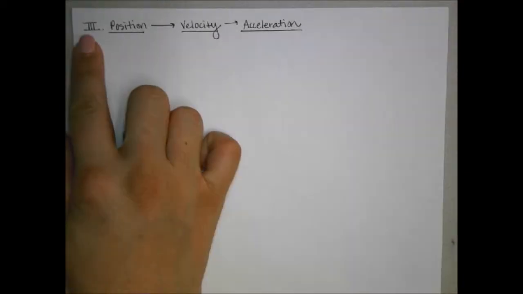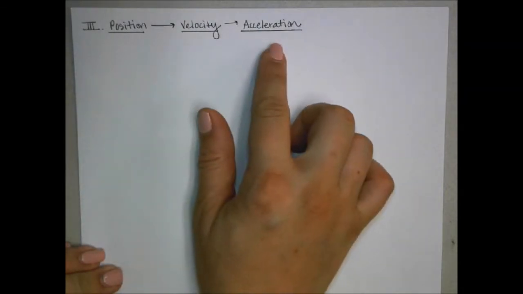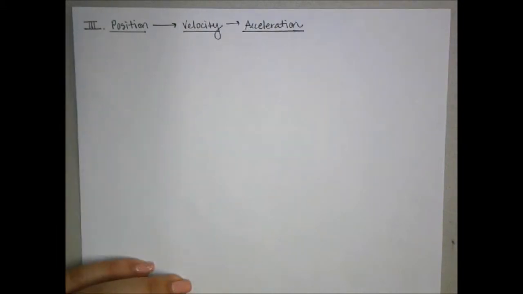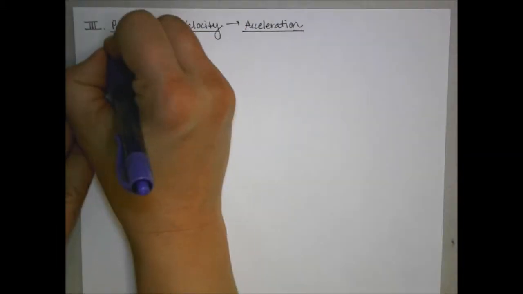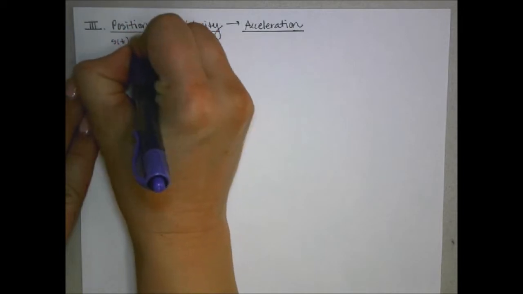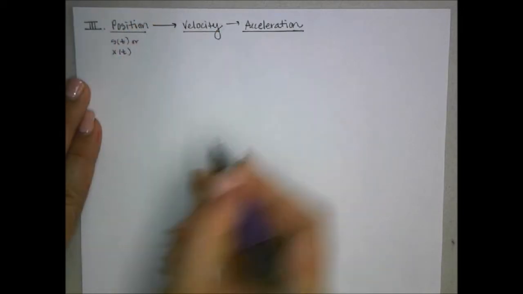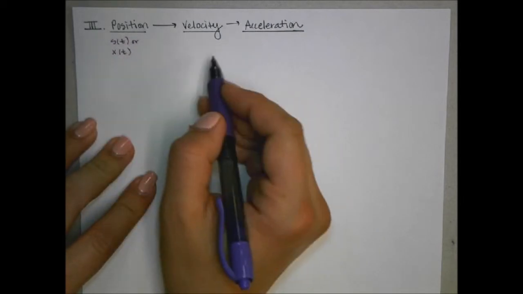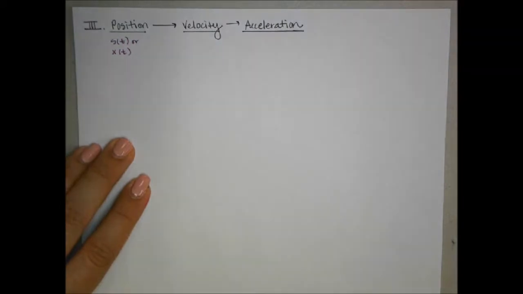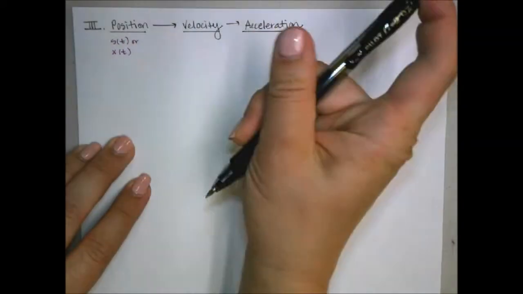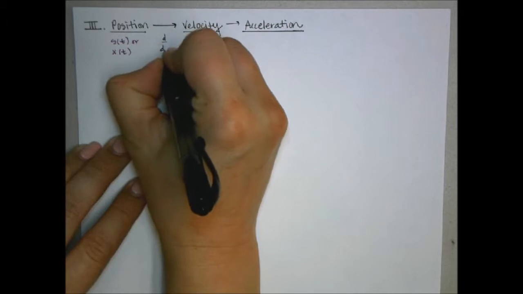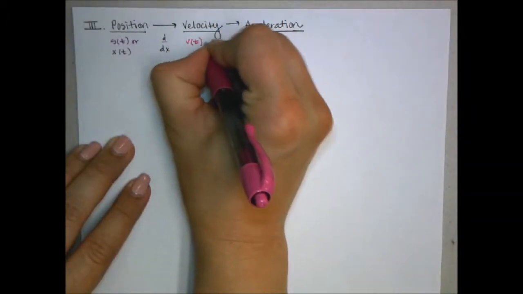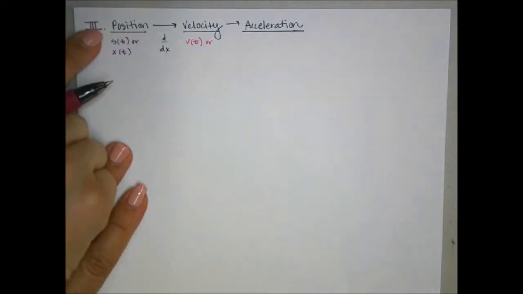Our third section is the application of derivatives, position, velocity, and acceleration. So we're going to start with our position function, which is s of t, or sometimes x of t, or maybe f of t even. And the way we get from our position function to the velocity function is by taking the derivative. So the velocity function, v of t, or we would say the derivative of s or the derivative of x.